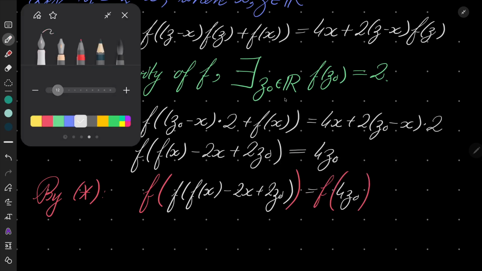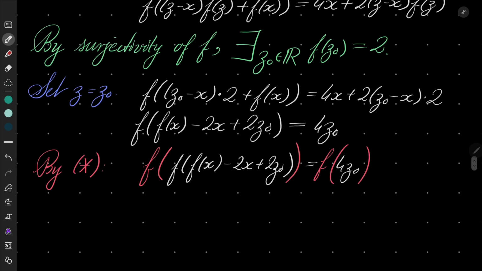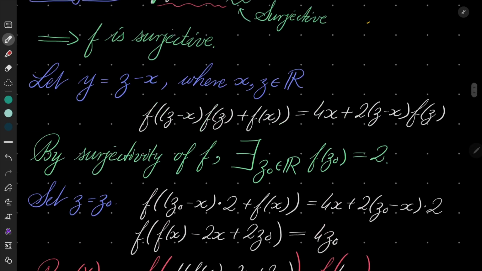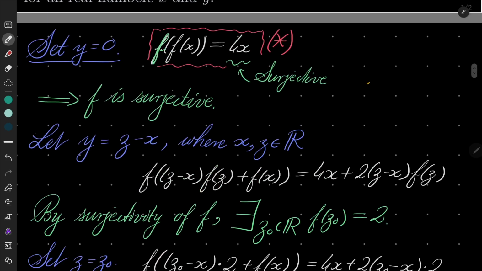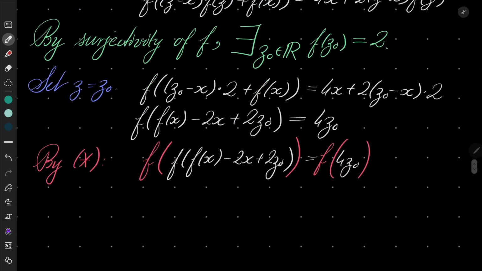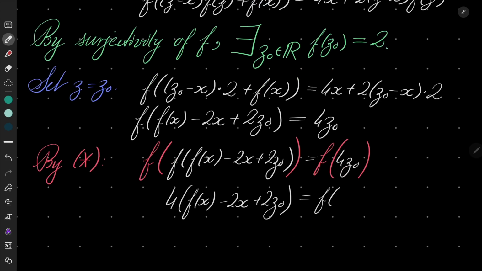And now I have a composition of two functions f on the left-hand side, and by condition asterisk, it's just 4 times its argument. On the left-hand side, we have 4 times f of x minus 2 times x plus 2 times z0 equals 4 of f of 4 times z0.